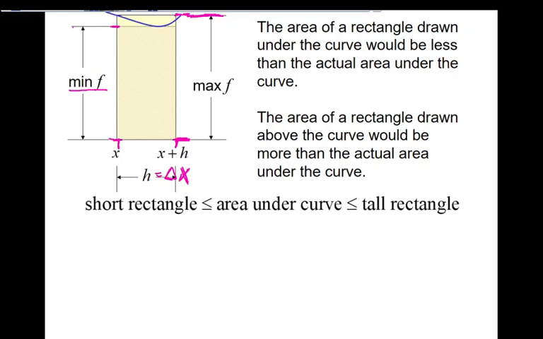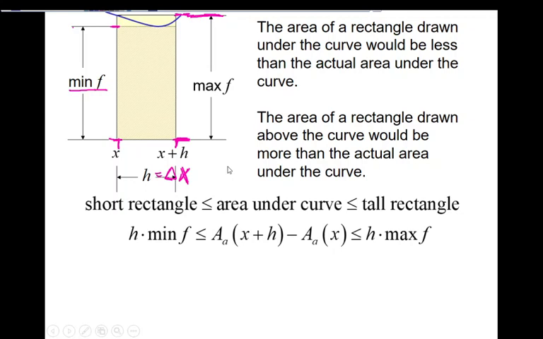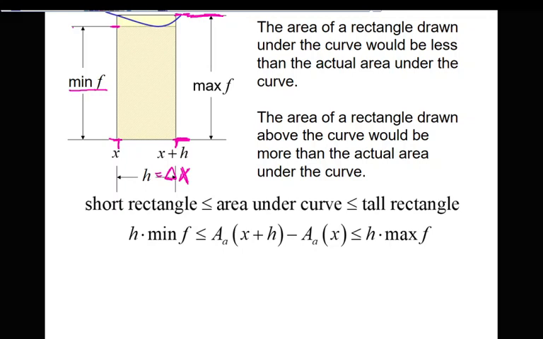Now, plugging in what I know, the h, the change in x, times the min is less than this area, but h times the max is bigger. So this is length times width. Again, this is nothing more than the width times the height. This is the width times the height, and this is area.